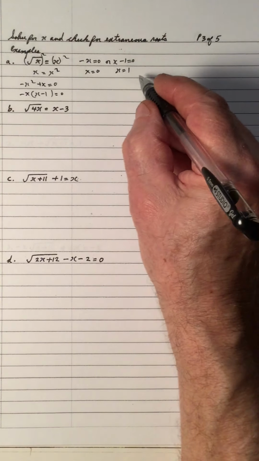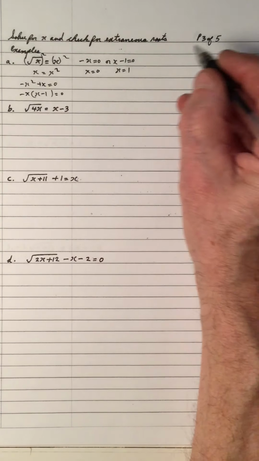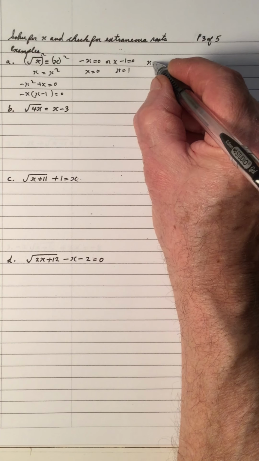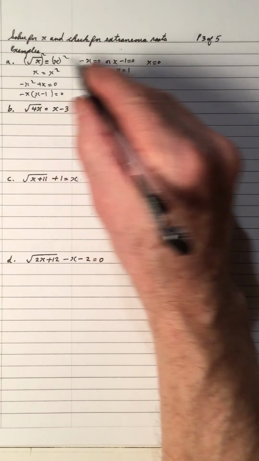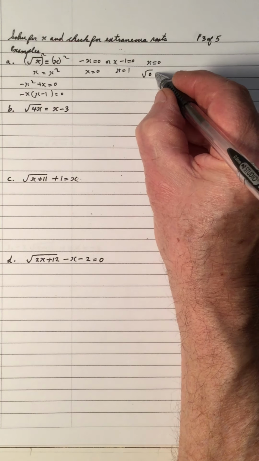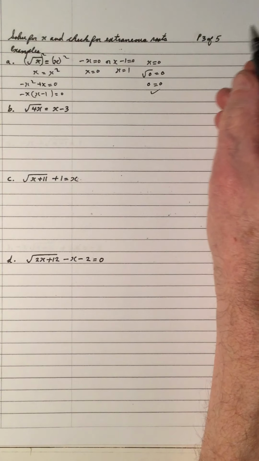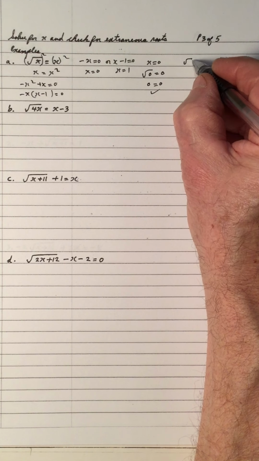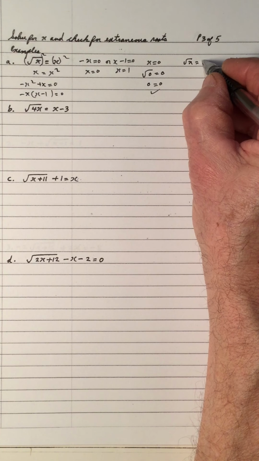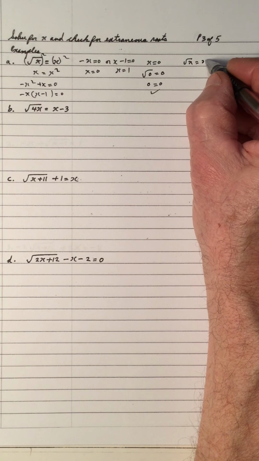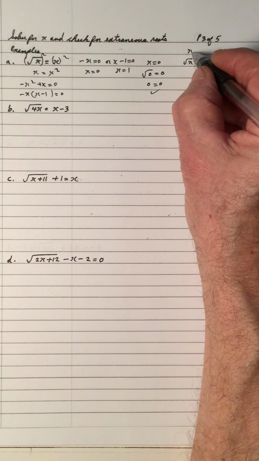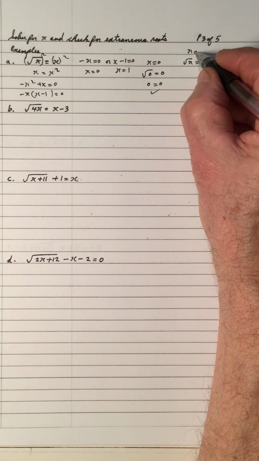So we have to check the equation when x equals 0. Put a 0 in, I get the root of 0 equals 0. 0 equals 0, okay. And the equation is root x equals x again, and I'm going to check for x equals 1 now.